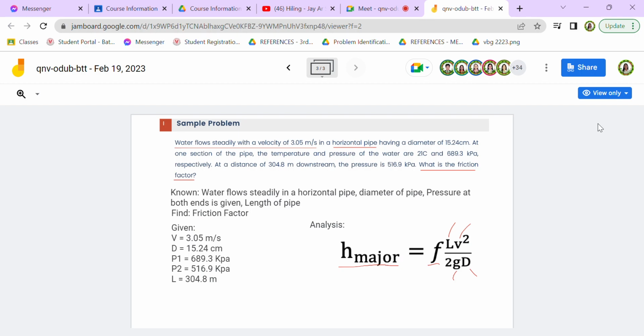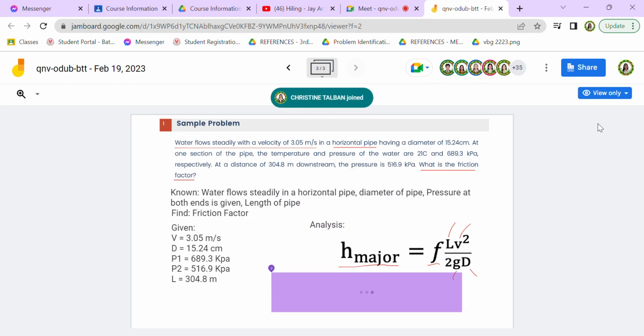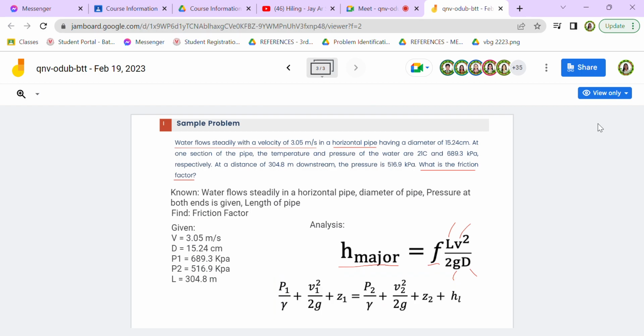So we still need to find the major loss in the pipe. By finding the major loss in the pipe, we need to use the Bernoulli's equation again. Bernoulli equation states that the energy in the pipe, which is represented by the pressure head at point 1 plus velocity head or kinetic head at point 1 plus the elevation head at point 1, will be equivalent to the pressure head at point 2 plus kinetic head at point 2 plus elevation head at point 2 plus the major head losses.